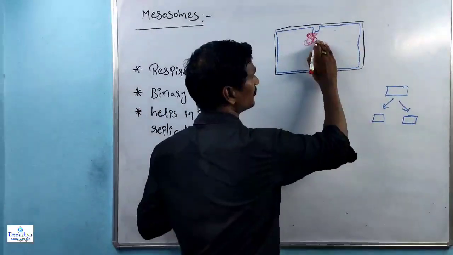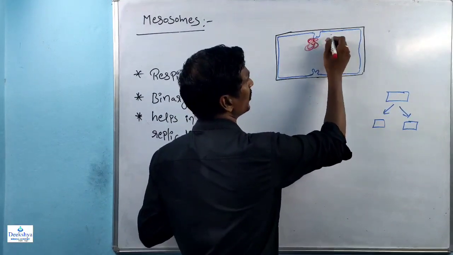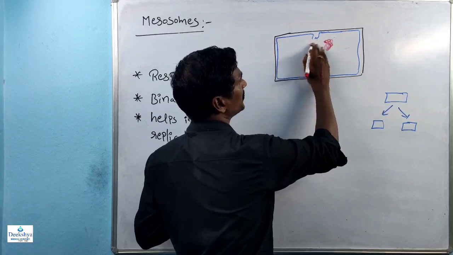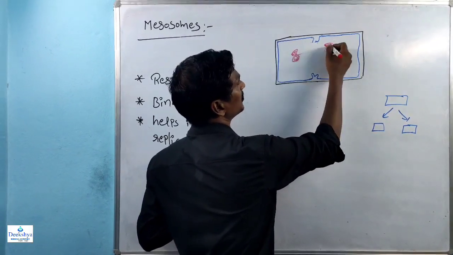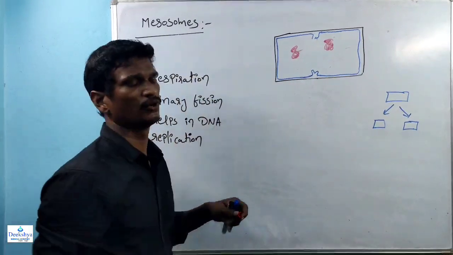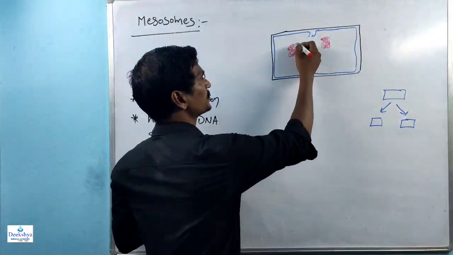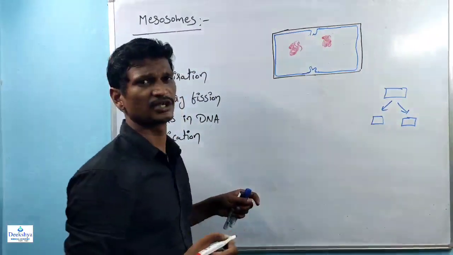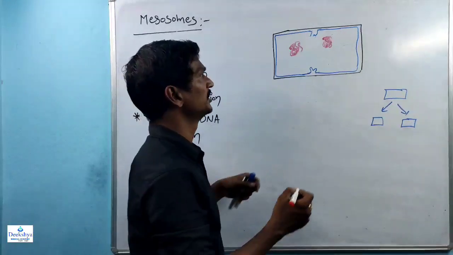Those enzymes are involved in DNA replication. So one copy of DNA produces two copies. So DNA replication is supported by the mesosomes.